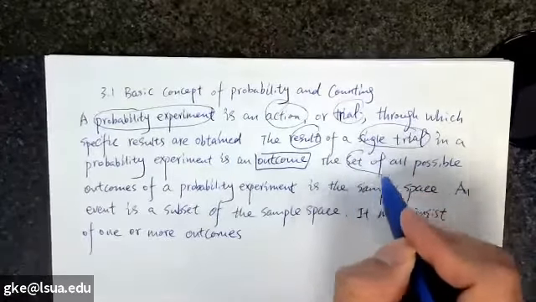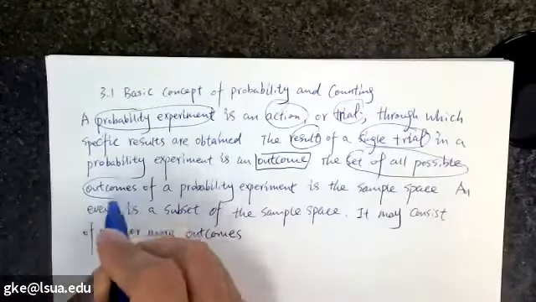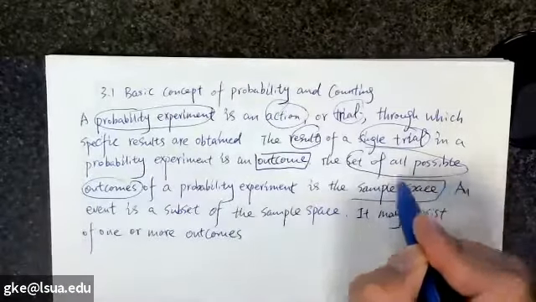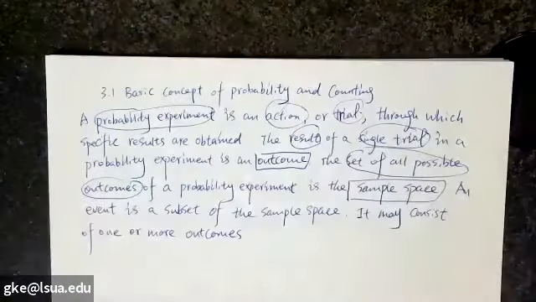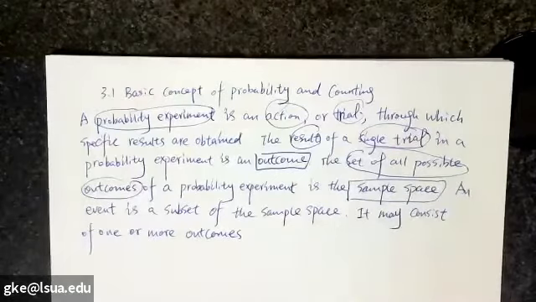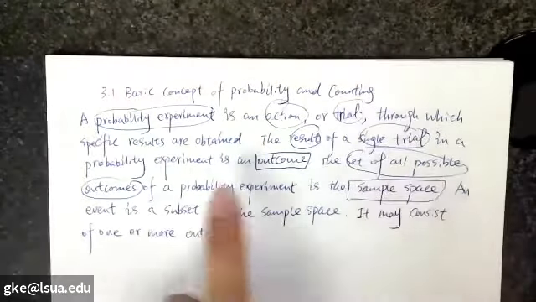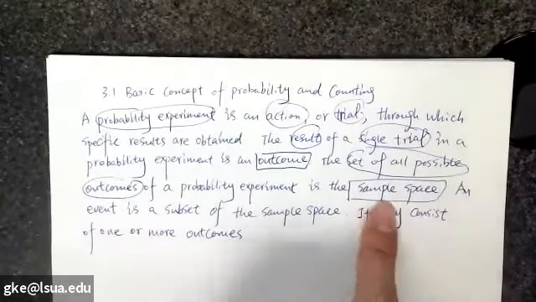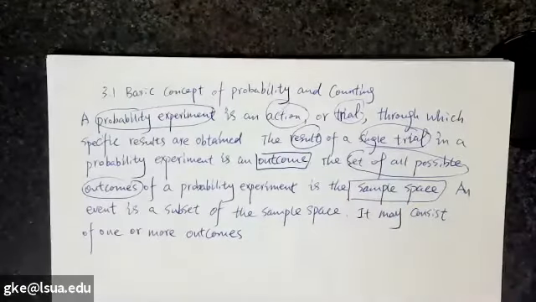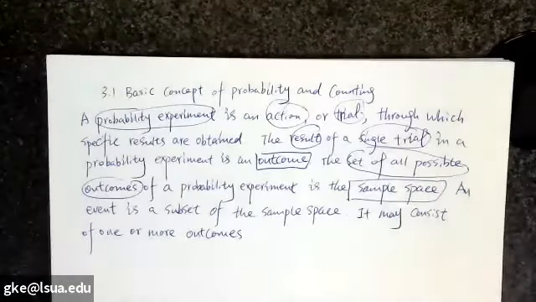The set of all possible outcomes, we call it the sample space. And now let's go to the event.